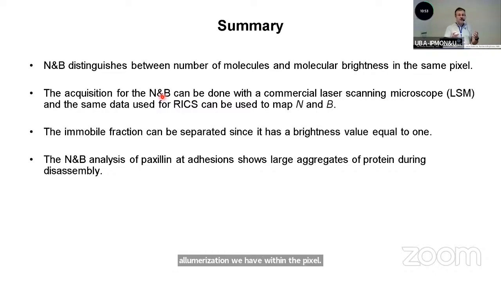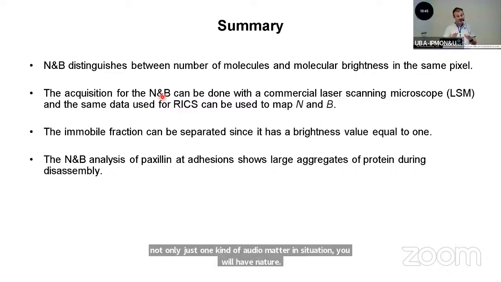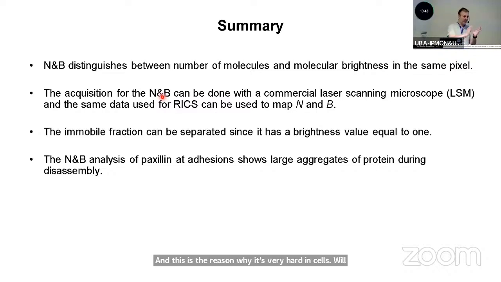It doesn't mean that within a pixel you have just one kind of oligomer. You will have a mixture, and this is the reason why it's very hard in cells to obtain only dimers, only tetramers. You have a mixture, but what we are measuring is this variance, and this variance is different when you have more monomers than when you have more oligomers, right?